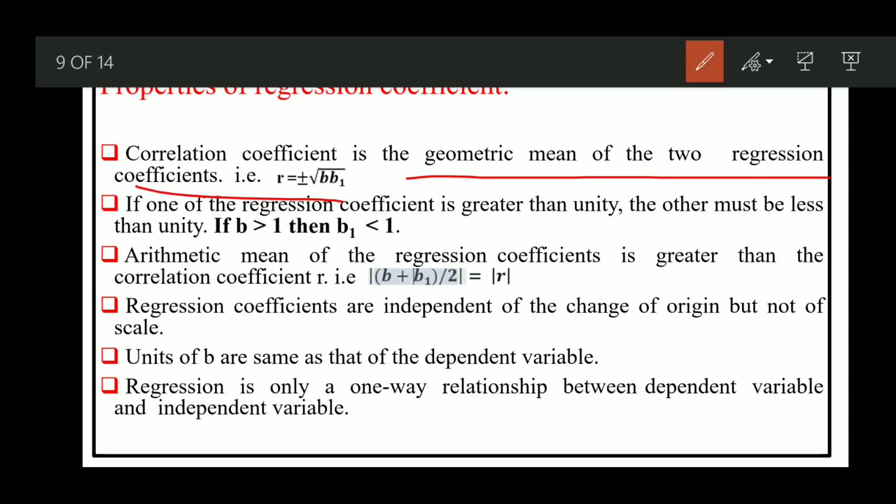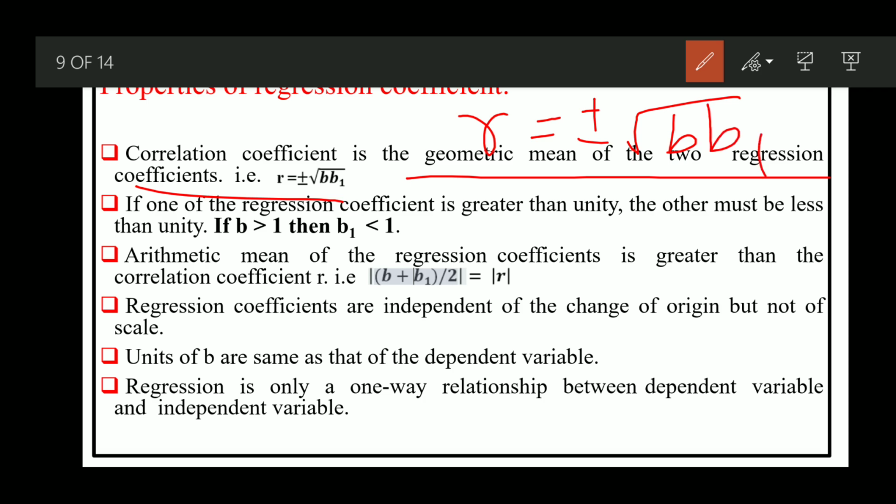As we have discussed, we have two regression lines, and accordingly we have two different regression coefficients from those two lines. So the basic relationship between the correlation coefficient and the regression coefficients is r equal to plus minus root over b and b1.